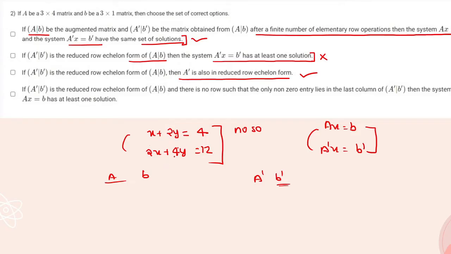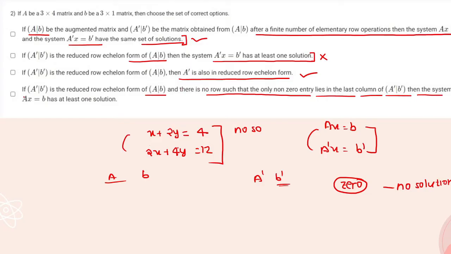The last statement says that A dash B dash is the reduced row echelon form of AB, and if there is no row in which the only non-zero entry lies in the last column of A dash B dash, then the system Ax equal to B has at least one solution.